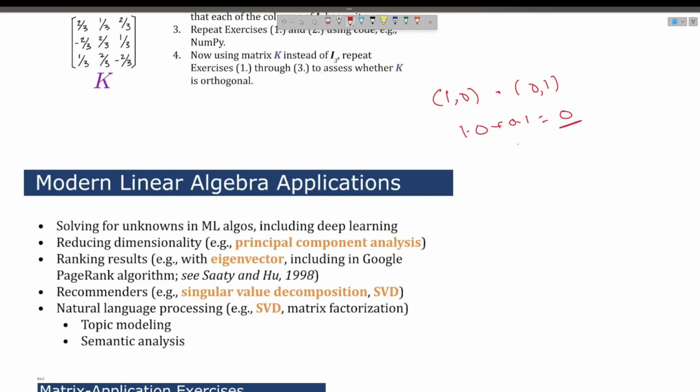When the dot product is 0, we can say there is a 90-degree angle between these two vectors, 1 0 and 0 1.